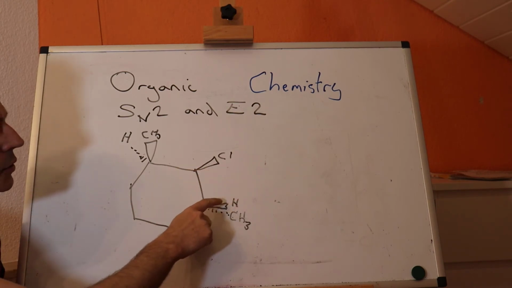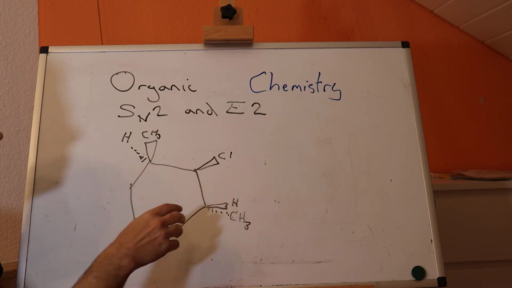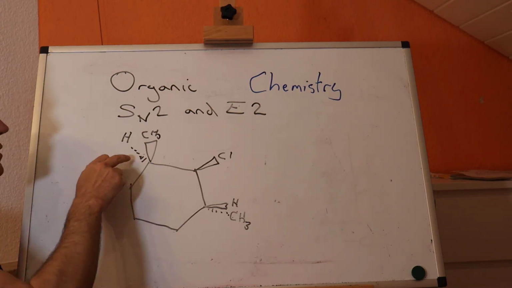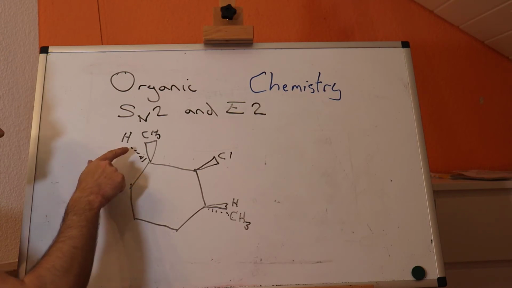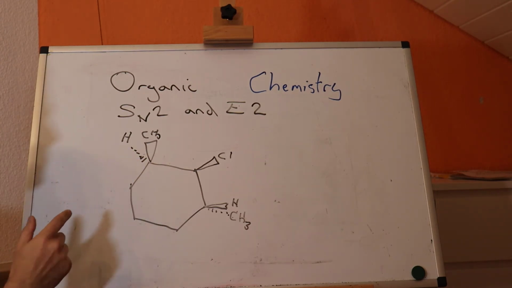This hydrogen, which is a possibility, can't leave because it's on the same side. It's a syn hydrogen, so it's on the same side, it can't leave. It can't do E2 anyway. This hydrogen on the back here can, and so we will only form one product.